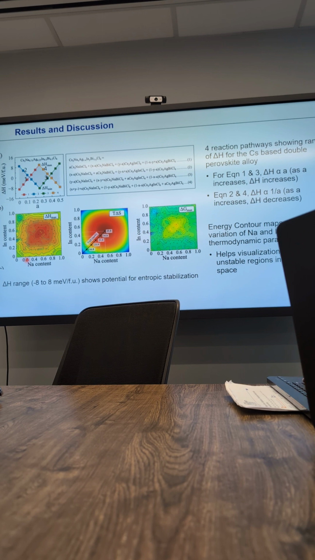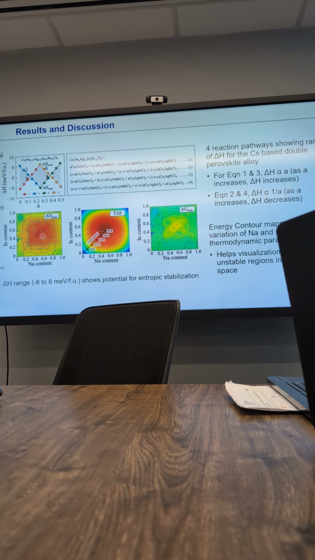So let's say for 0.25 sodium, what they wanted to understand from this is what particular concentration of sodium and indium we should have to get very low enthalpy or very high enthalpy. And so if you do this and you find a place where you have very high enthalpy, you avoid it, right? Because you want a lower enthalpy so a crystal can make a more stable system.